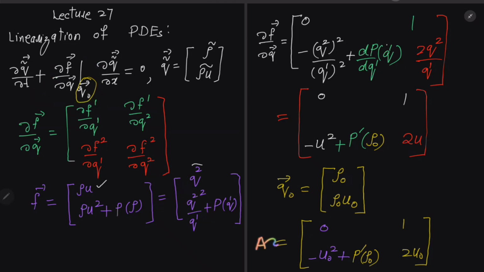We call this Jacobian matrix A. When I put this value into the perturbed form, we get partial q tilde by partial t plus A partial q tilde by partial x is equal to 0.